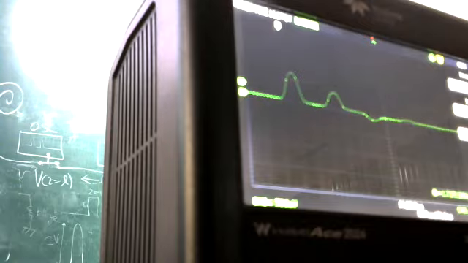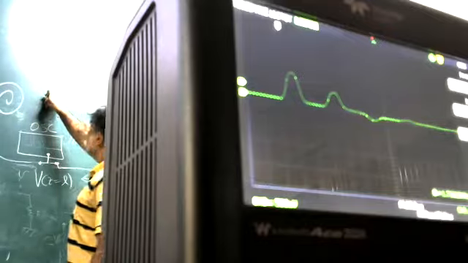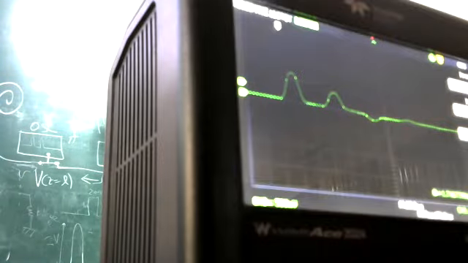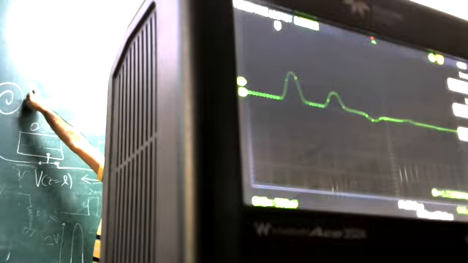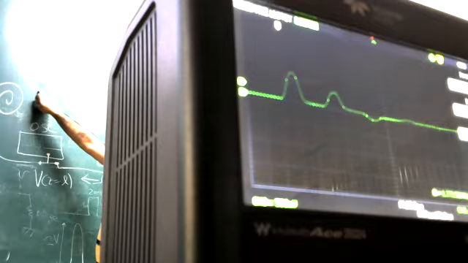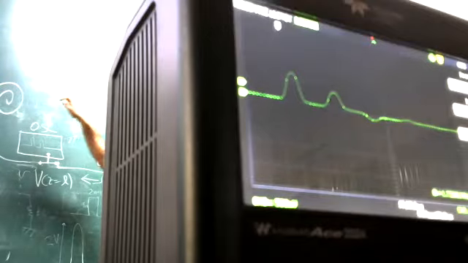If the original voltage source was V0, the matched voltage would be V0 by 2. So V0 by 2 is 1 volt for us. But in this situation, where you have 250 ohms in parallel, remember that this is still V0. So it's V0 into 25 over 75.